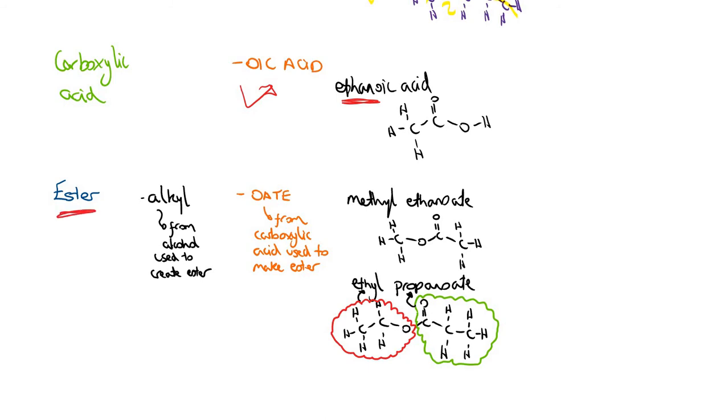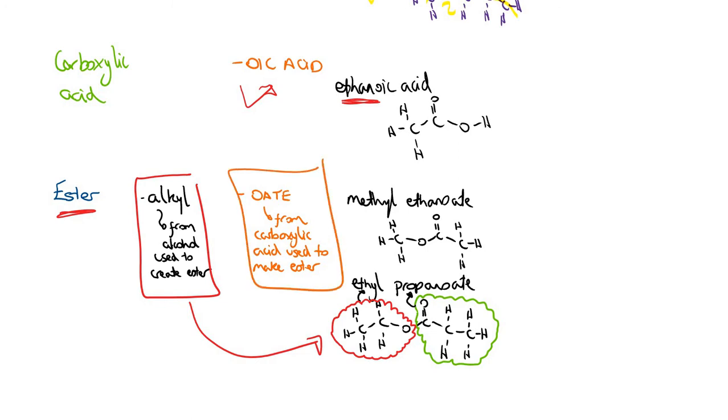The naming system for the esters is probably the most complicated. It comes in two parts and arises from how they're made. So they're made from the reaction of an alcohol with the carboxylic acid. The alcohol part is just given the alkyl part of the name, like there, and the acid part is given the suffix oate. So we've got a prefix and a suffix.